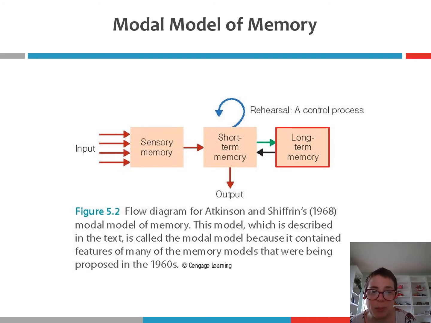So one thing I do want to note about this is that Atkinson and Shiffrin say that if you want to transfer information from short-term memory to long-term memory, all you have to do is engage in that rehearsal process where you're saying the information to yourself over and over again.